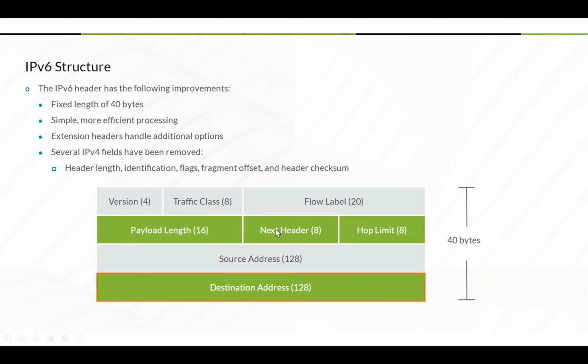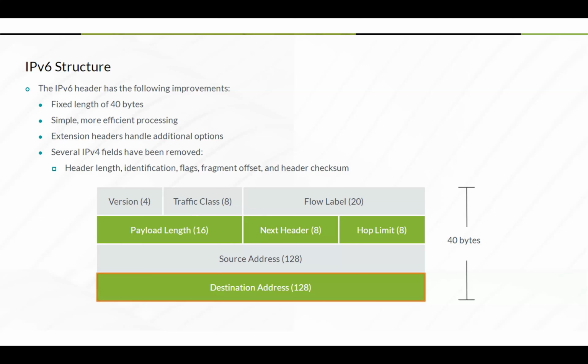Simple and more efficient processing happens in IPv6. Extension headers handle additional options. Extension header means if you add some additional feature like IPsec or other things, then an extension header will be introduced in IPv6. And several IPv4 fields have been removed, and the IPv6 header option is very simplistic.